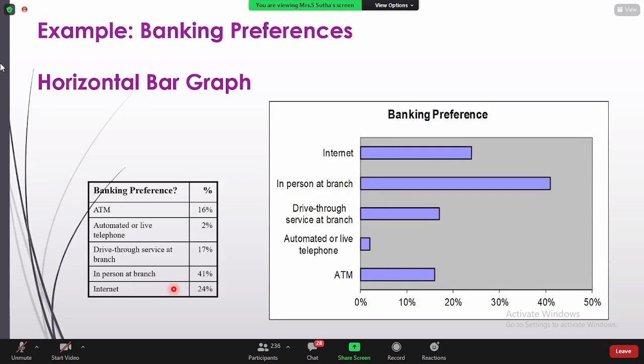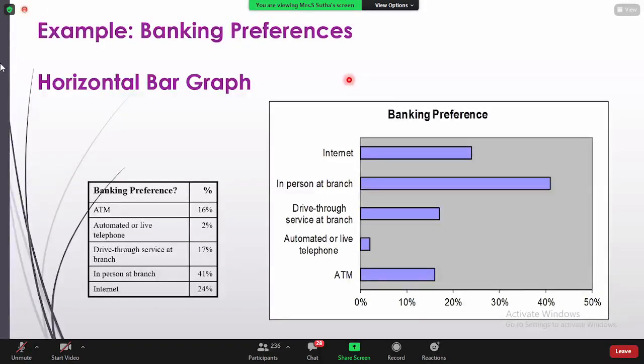Then what is the measurement level? Ordinal. Why are you saying it's ordinal?